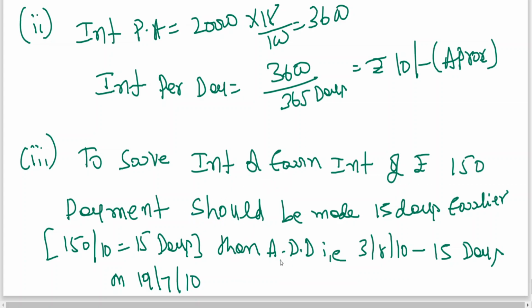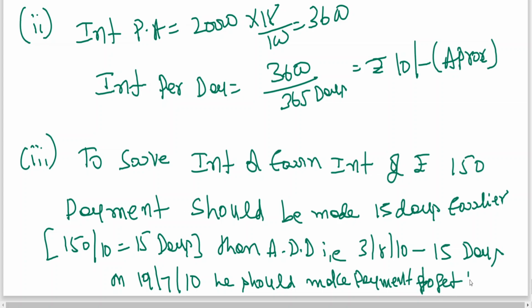That is average due date minus 15 days. On 19/7/2010, you should make payment to get a rebate. Rebate is nothing but making payment before due date. You can get a rebate.